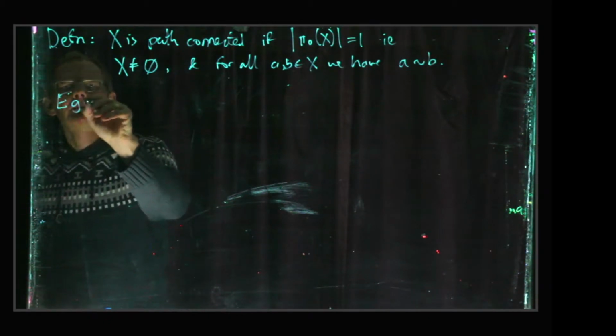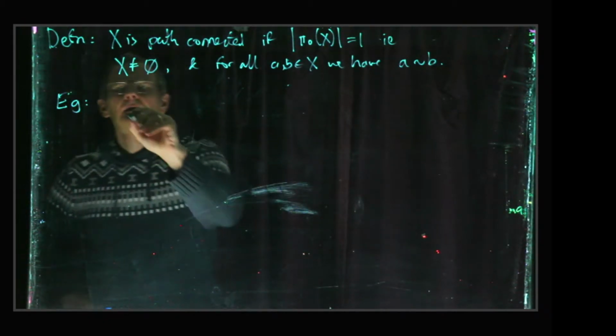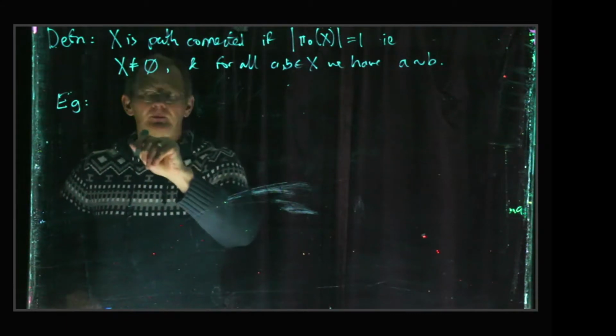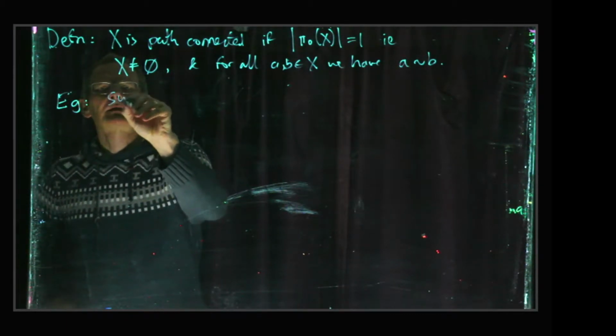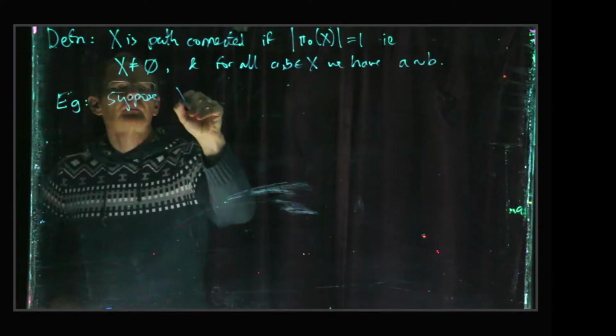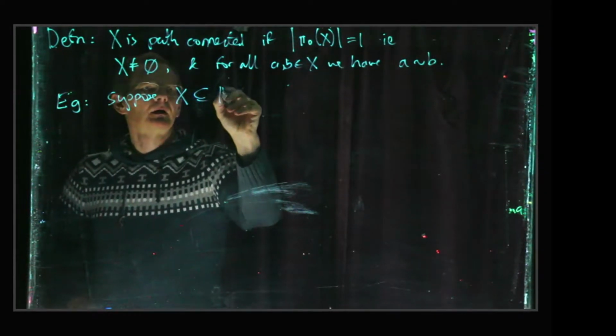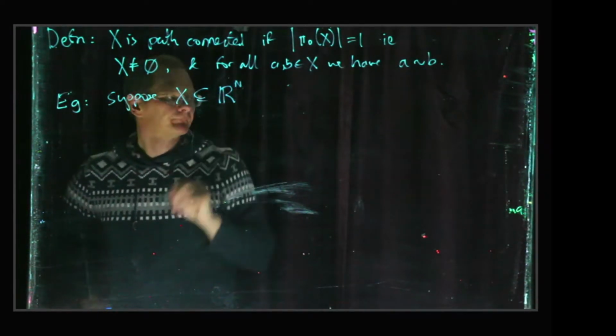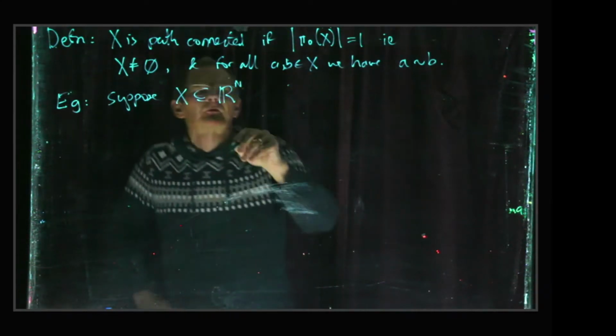So how could this happen? One special case that we can sometimes consider is like this. Suppose X is a subset of R^n. It's a fairly common sort of thing.